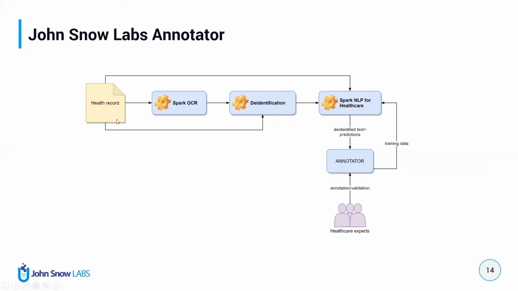So this is the workflow that we are currently supporting for the annotation tool. So we are starting from a health record, right, which usually can be a text document or a PDF document or scan image or something of the kind, which can be imported into the annotation tool by first analyzing it using the Spark OCR library.